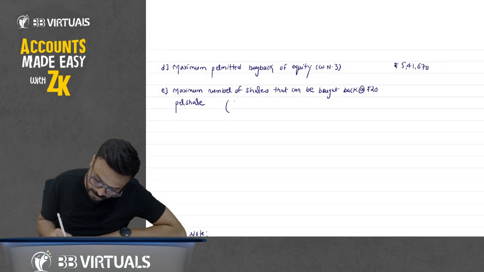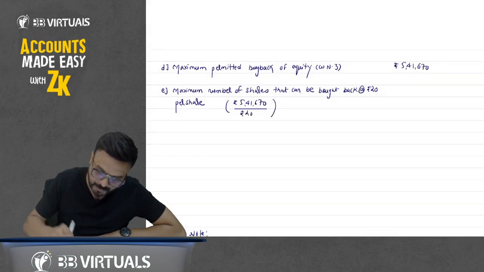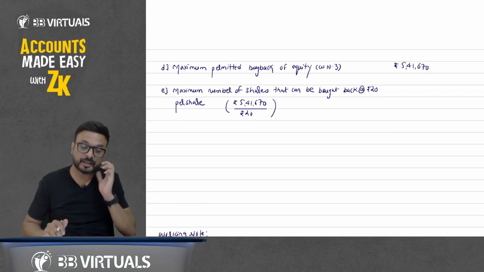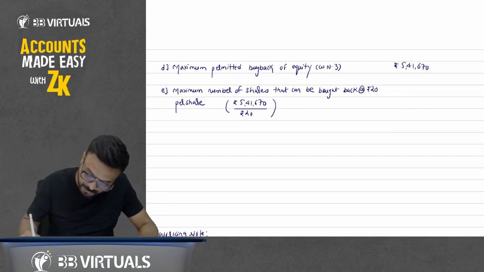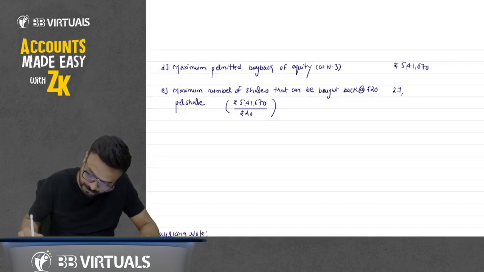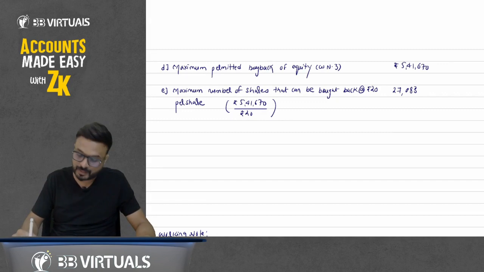So 5,41,670 divided by 20, since for one share you are paying 20, comes to 27,083.5. We will take only 27,083 shares.